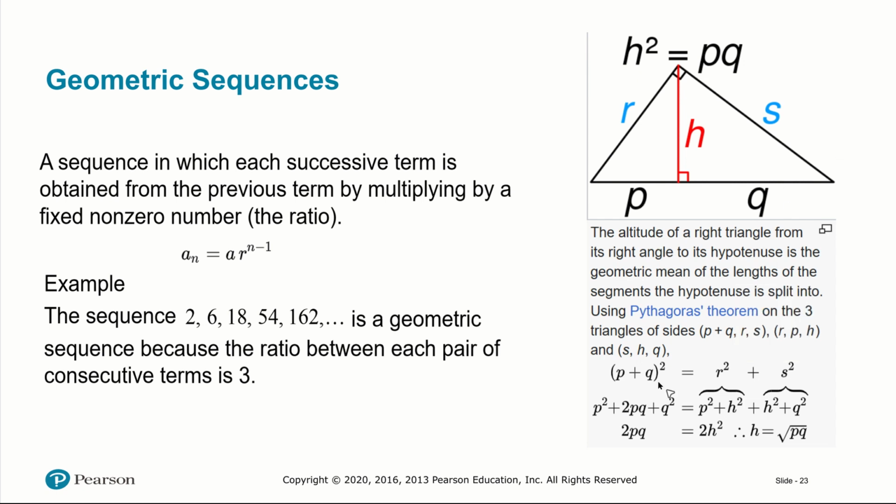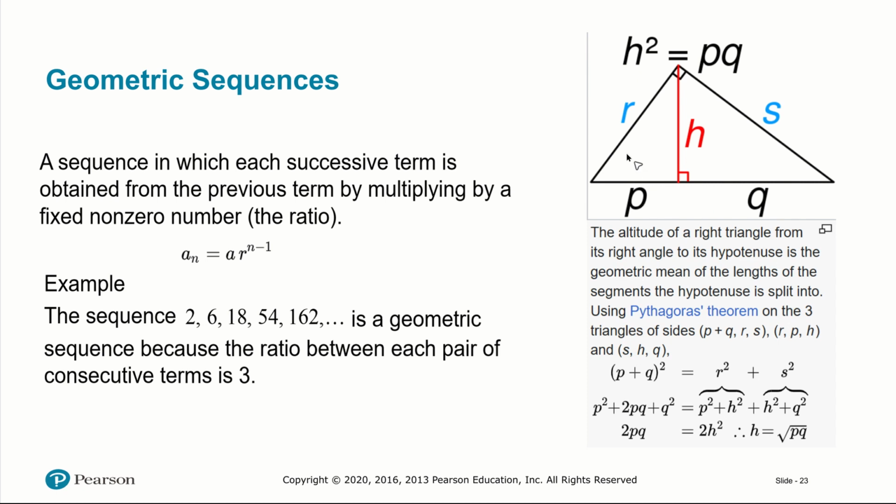So again, if you have had any algebra at all, you can follow along very simply. We know that the hypotenuse squared is equal to, by the famous Pythagorean theorem, right? Notice that the hypotenuse here would be p plus q.